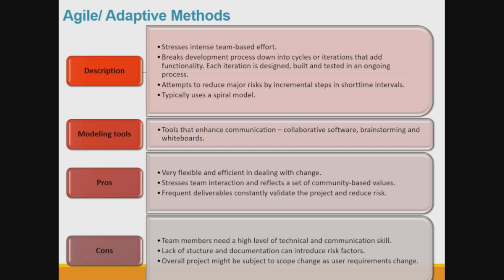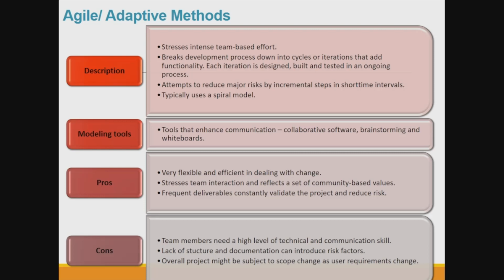It attempts to reduce major risk by incremental steps in short time intervals, and typically used for this kind of method is the spiral model. The modeling tools enhance communication: collaborative software, brainstorming, and whiteboards. So these are the tools used in this methodology.